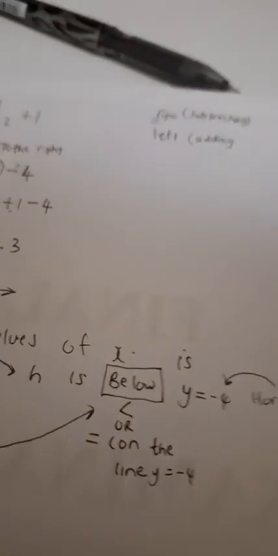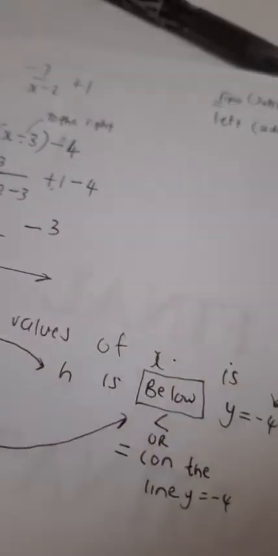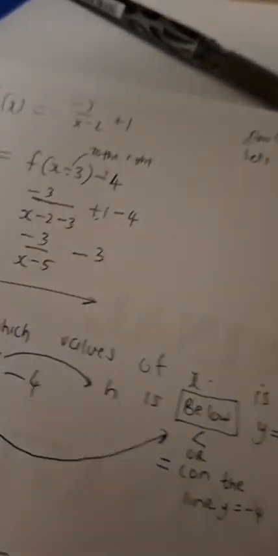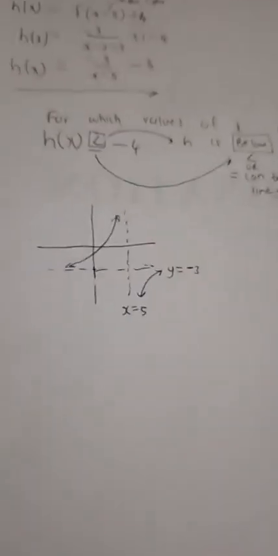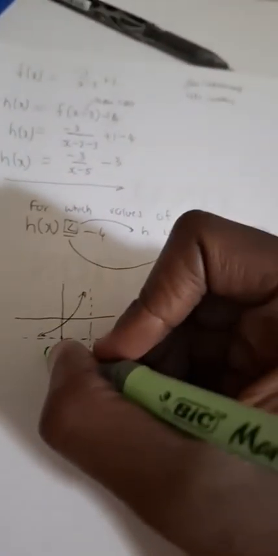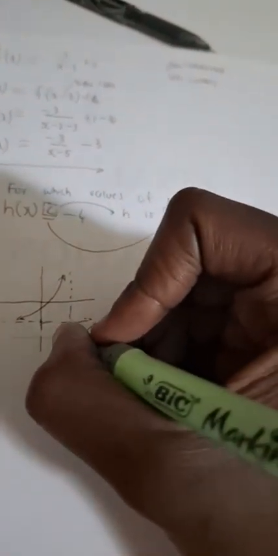And what I want to do is get some color pen, because I want you guys to see this. So let's just say we have the line y is equal to -4.